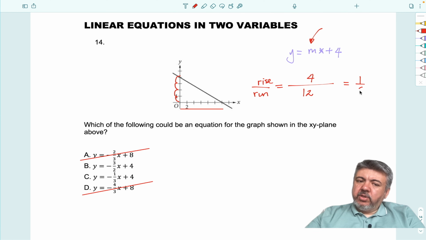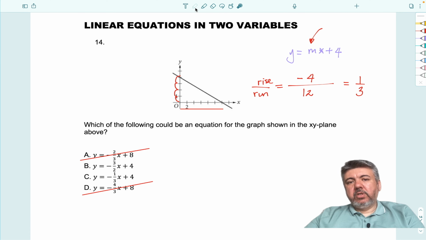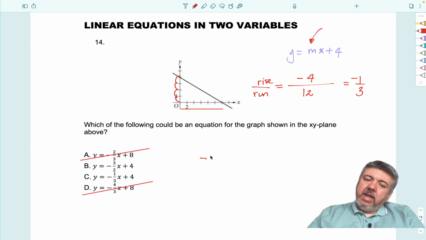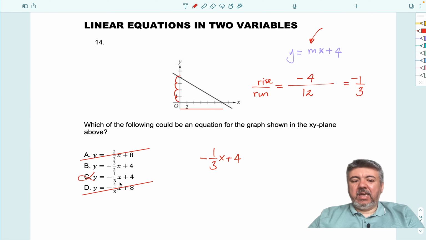So it's 1/3. But obviously the rise was negative 4 because it's declining here. It's not rising. So it should be a negative term. So it's going to be negative 1/3 x plus 4. That is choice C.